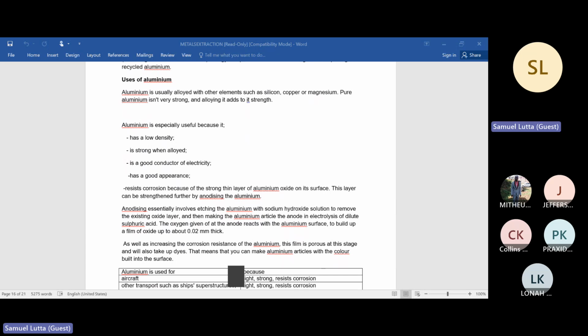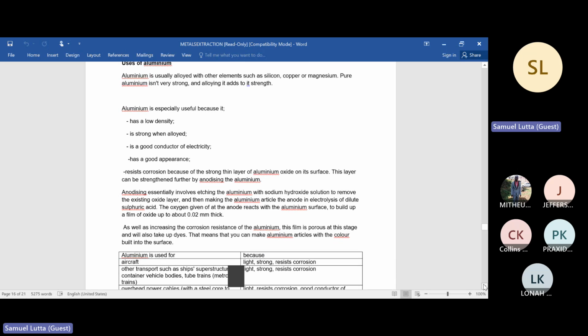Sorry, I went to something else. So it conducts electricity easily, and so you talked about electricity and also good appearance.